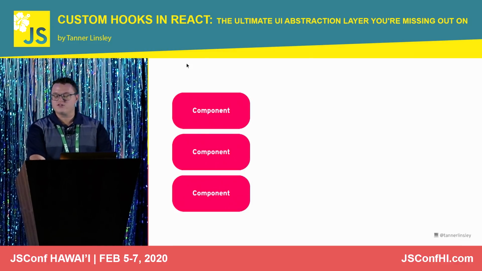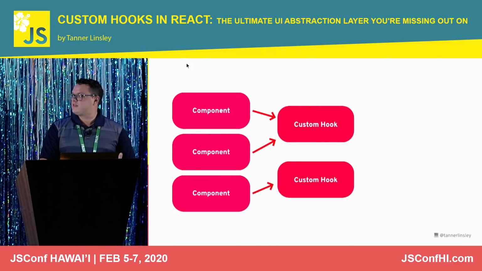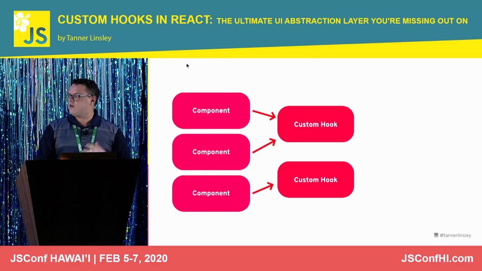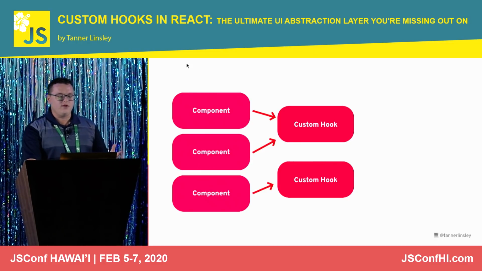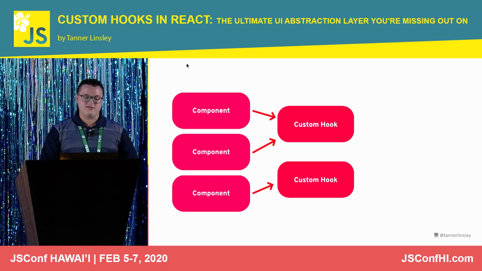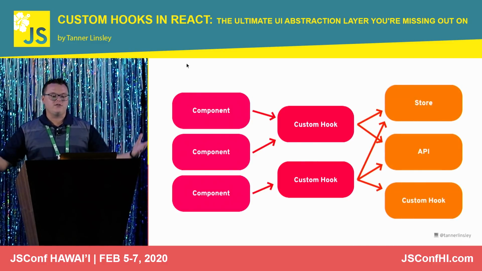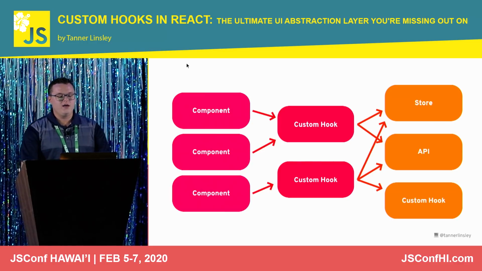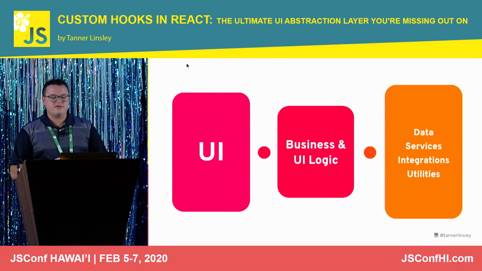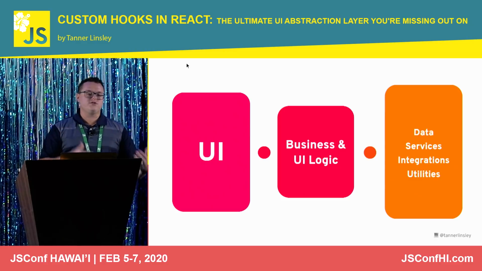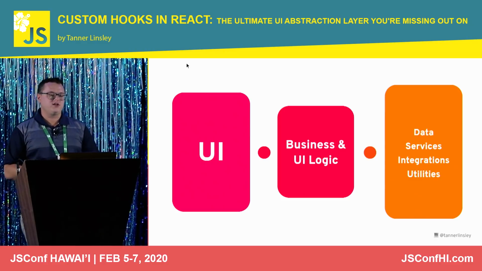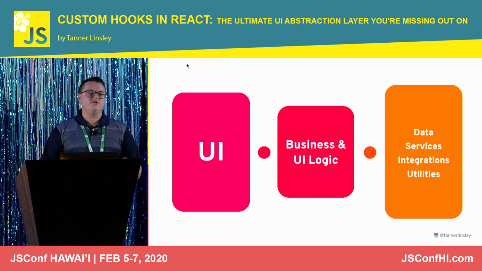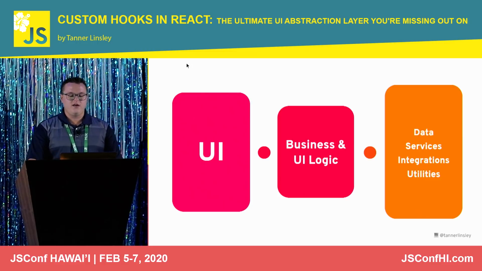This pattern to me is extremely powerful. I see basically all the time in my applications, all of my components are communicating with custom hooks to handle most of their business logic, which are then reaching out to possibly even more custom hooks or external APIs or whatever. This creates a really nice encapsulation around what is user interface, what is business logic, and what are the services I'm trying to use in my applications.